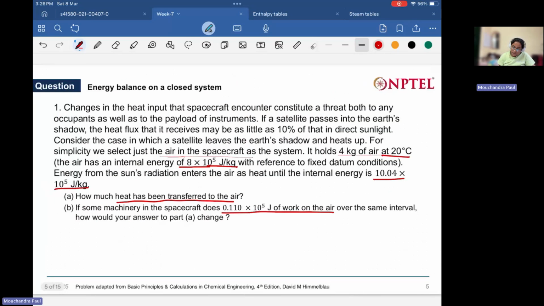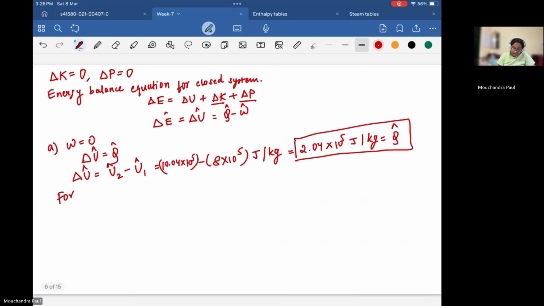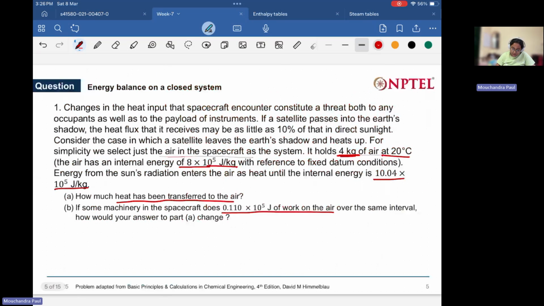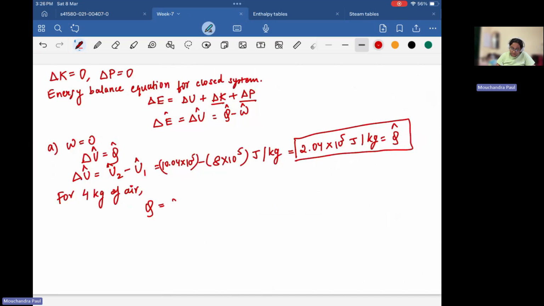Since the total mass of air in the spacecraft was 4 kg, for 4 kg of air, the heat transferred is 2.05 into 10 to the power 5 into 4, which is 8.2 into 10 to the power 5 joule.